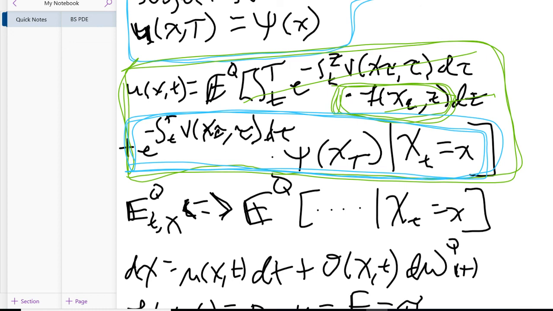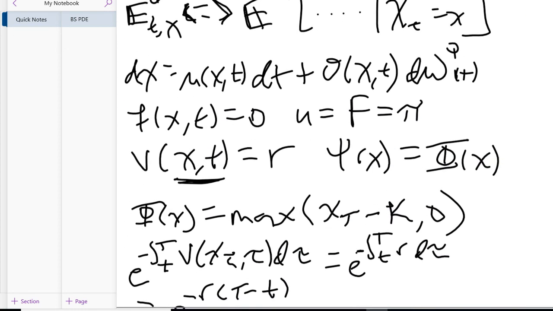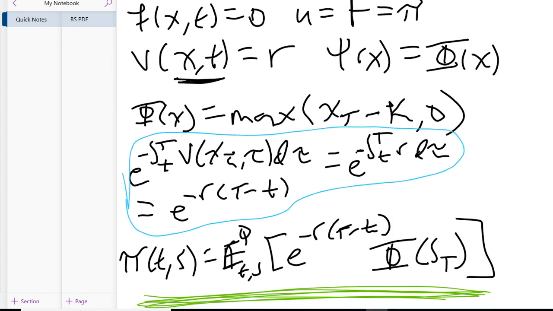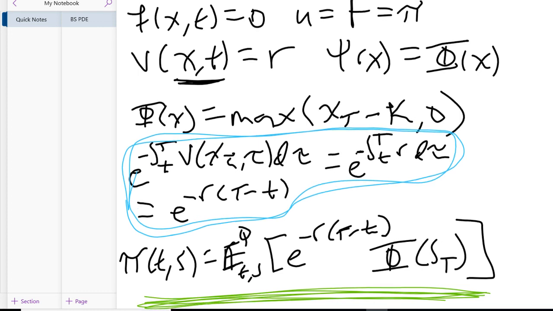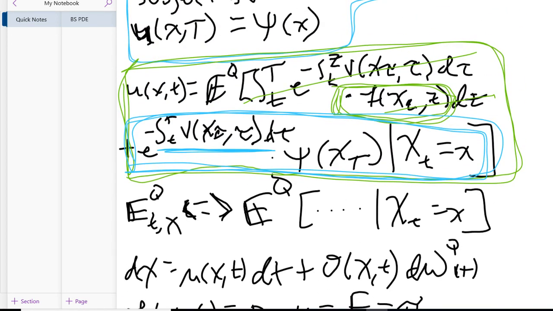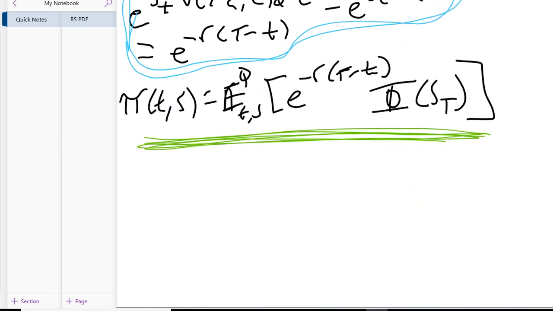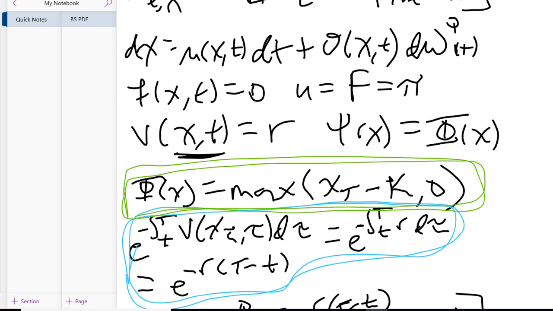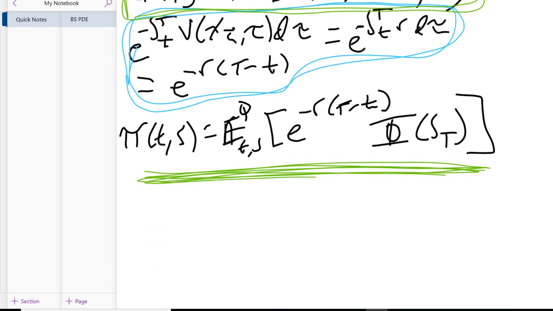And since v for us is just the interest rate, that part is given by this whole thing, and also for us the terminal condition psi is the payoff function of the option here. So that obviously leads us to this.